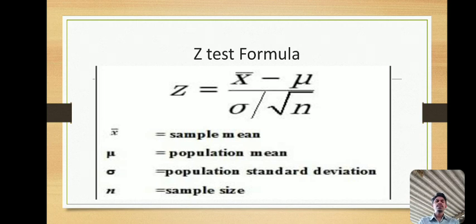Z-test formula. Z is equal to x bar minus mu upon alpha upon square root n. X bar is equal to sample mean, mu is equal to population mean, alpha is equal to population standard deviation, and n is the sample size.